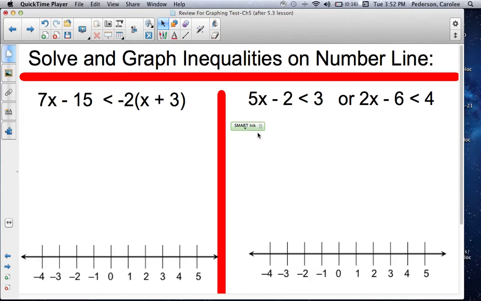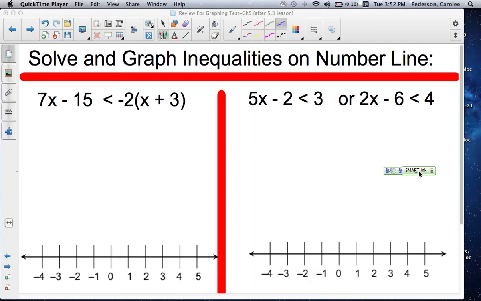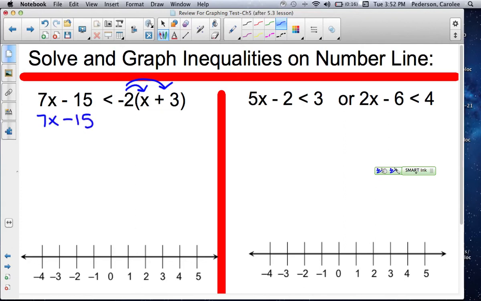We want to solve that inequality for x. So we want to solve by undoing. So let's first distribute the negative 2 through. So we have 7x minus 15 will stay, and then we get negative 2x, negative 6.